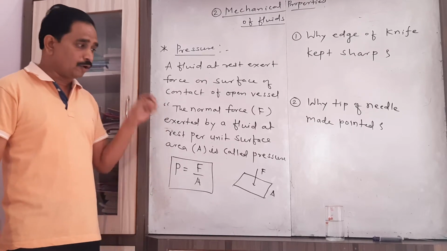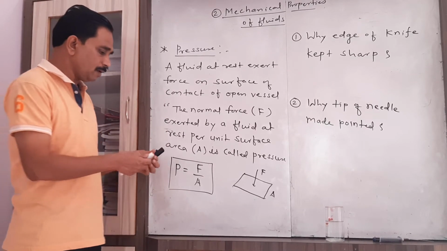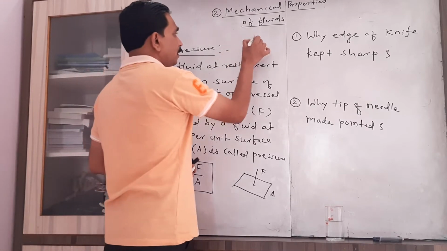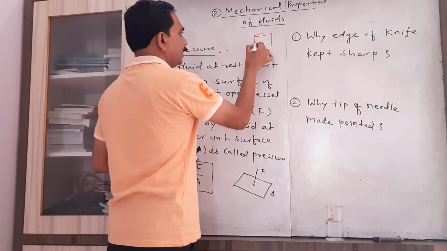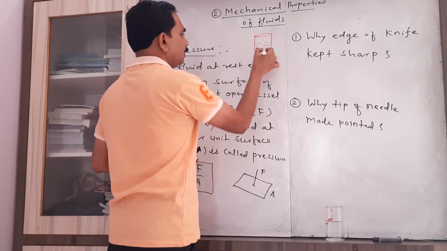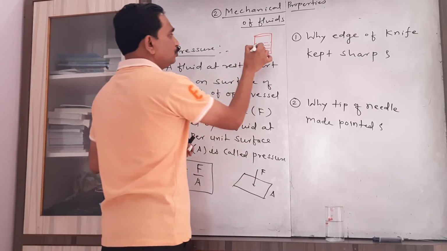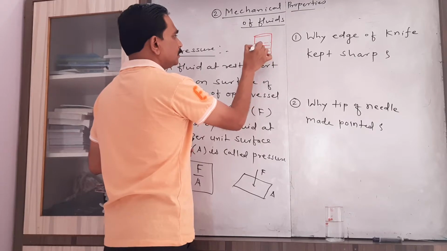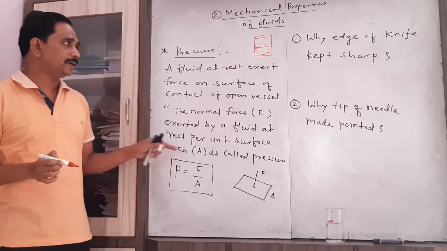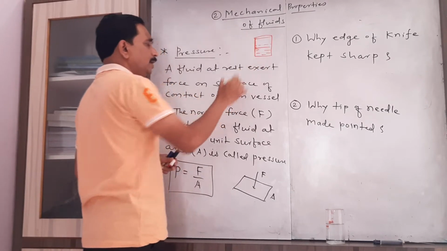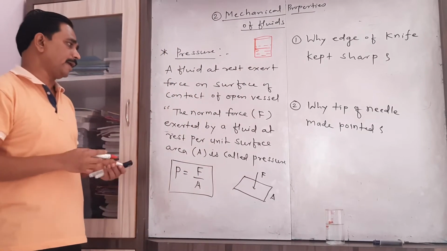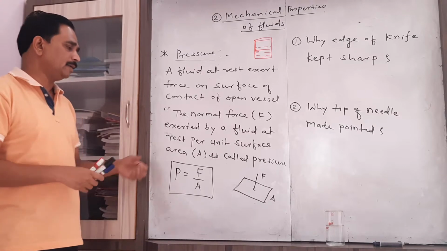This is a container and we take the water in that glass. So whatever normal force is exerted by those water molecules on the surface area of the glass which is in contact, that is called pressure.